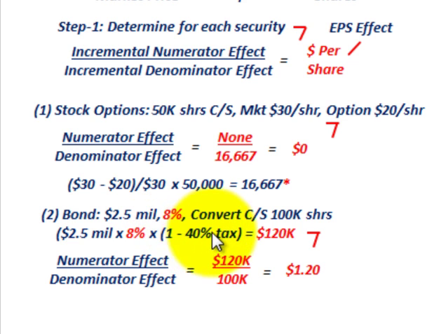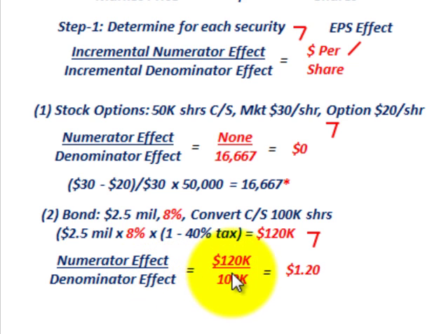You have to subtract out the tax that would have to be added back, because the bond would have been converted at the beginning of the year, and we would have avoided that interest. So we take 2.5 million, 8% times 1 minus the tax rate. That's going to give us $120,000 in interest that has to be added back to our net income, because the bonds were converted at the beginning of the year. We avoided that interest, so we add it back.